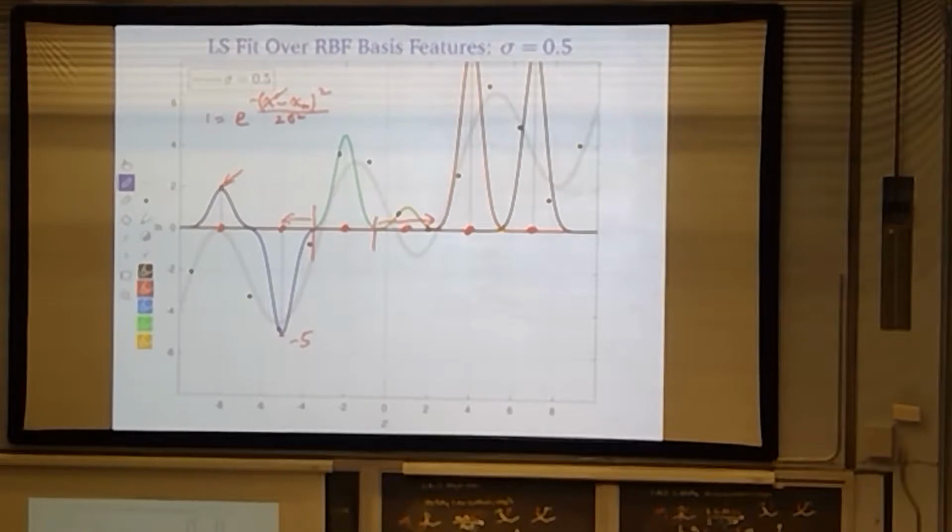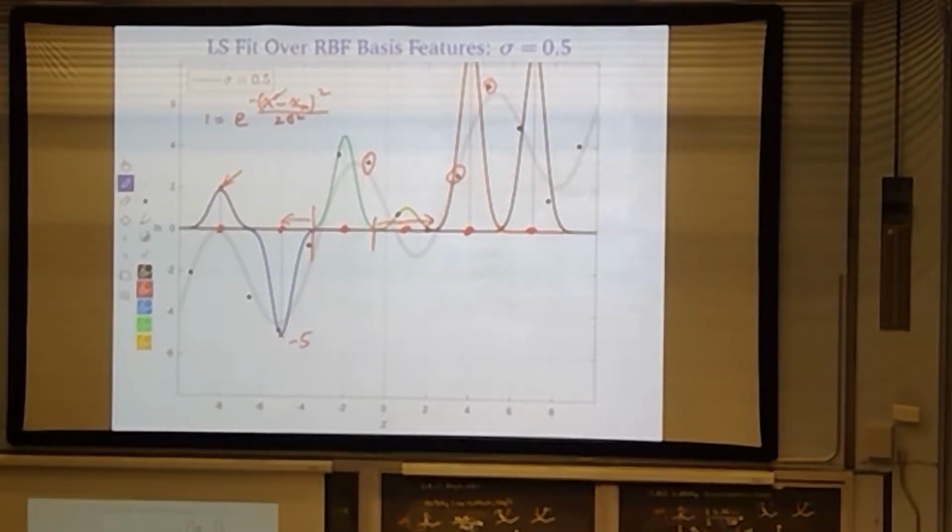As a consequence, even without looking at where my sample black points are, I know that essentially the weights I could have are only trying to fit the individual points.